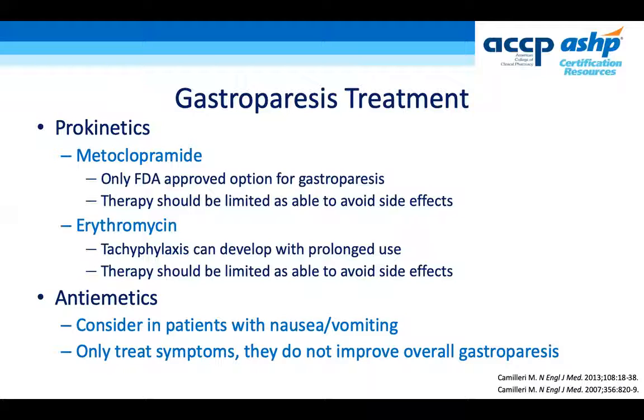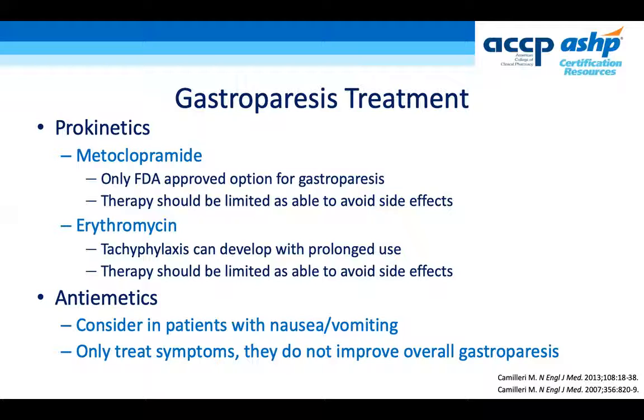You should really limit therapy, dosing as much as you can, to limit side effects, since it can lead to dystonias and tardive dyskinesias. Metoclopramide does have quite a few side effects, so not only limit the dose, but limit the duration as well. We really want to only have them on therapy for as long as it's needed and limit it as much as we can.